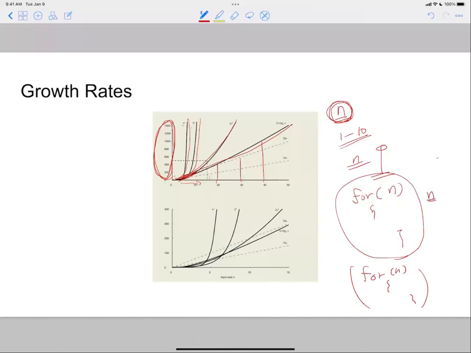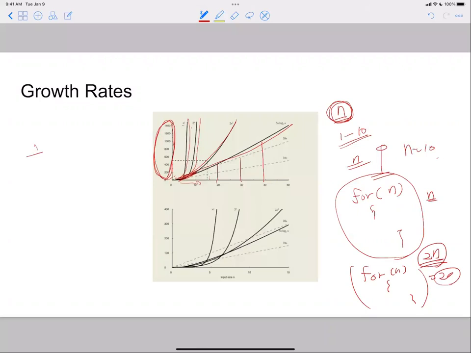It will do n times, right? But if you have two for loops, then how many iterations will it do? It will do two n iterations. So if your n is 10, then actually that is 20 iterations, right?